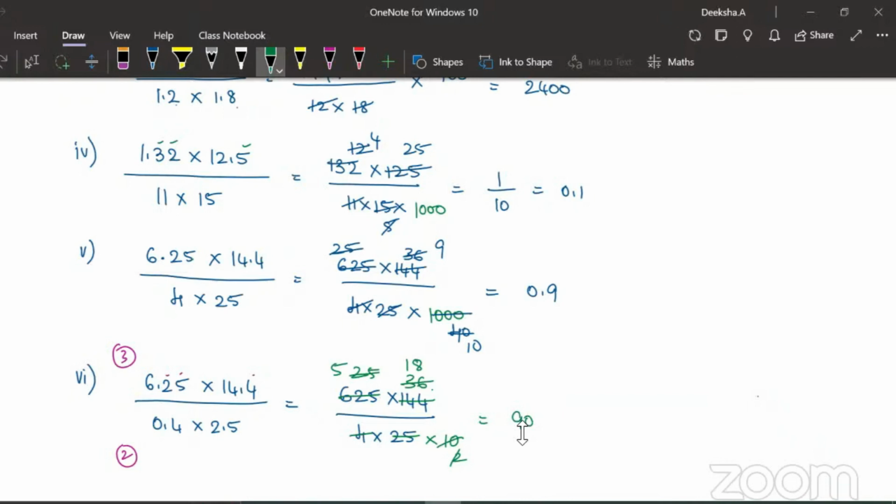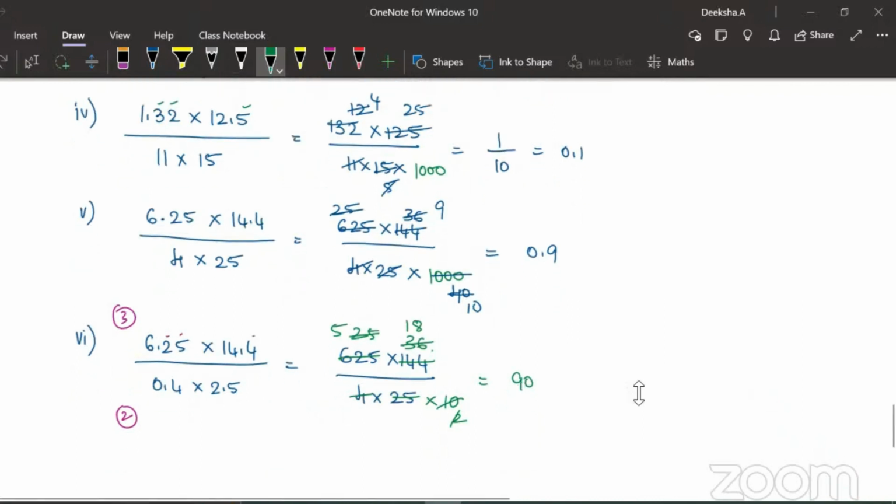Is that clear? So this is when you have a decimal point in both numerator as well as denominator. You will cancel like this.